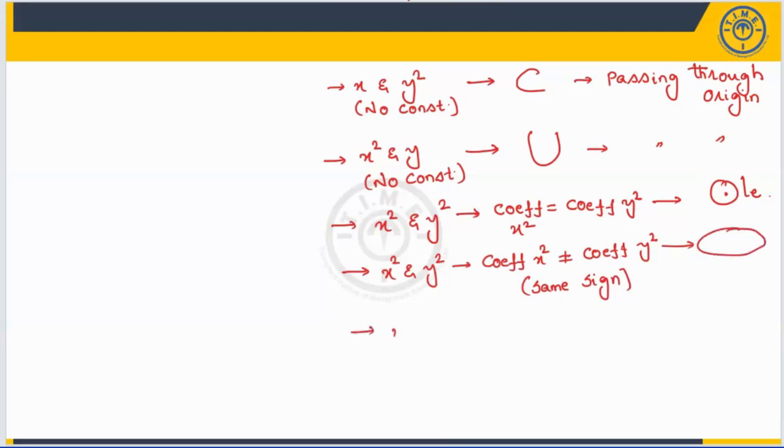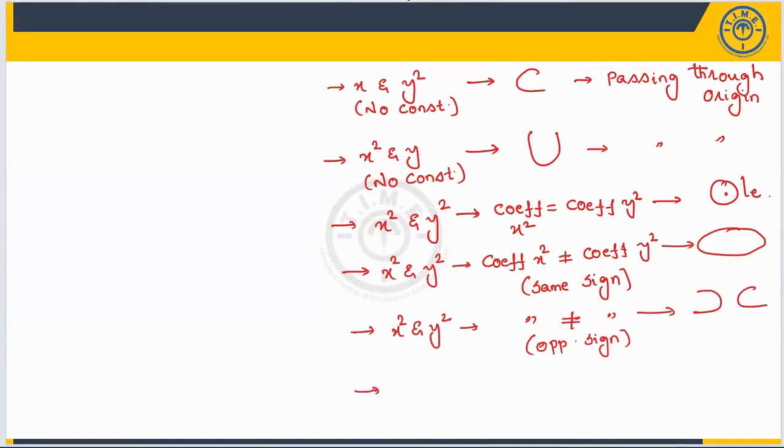And if the coefficient of x square is not equal to the coefficient of y square, but they are of opposite signs, then it is a hyperbola.